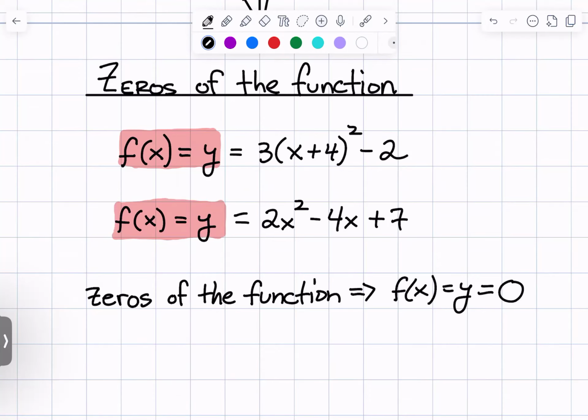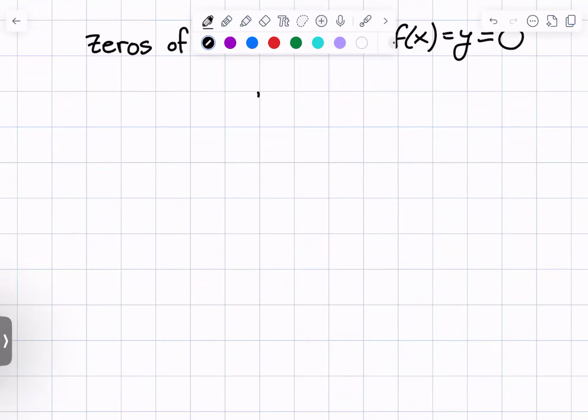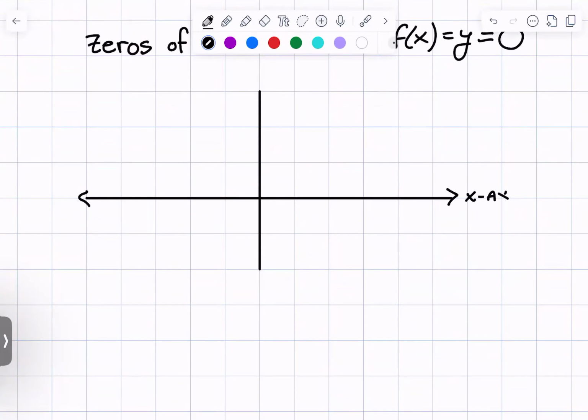So if you think about that graphically, y equals 0, where is y equal to 0 here? Where would it be? The x-axis, right? The x-axis, that's where y is equal to 0, right?